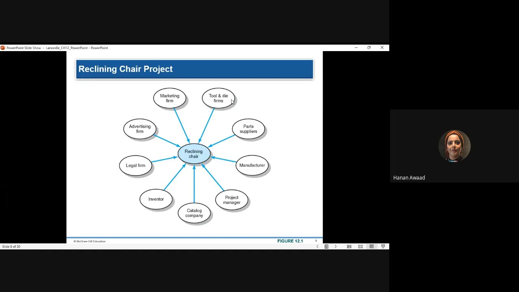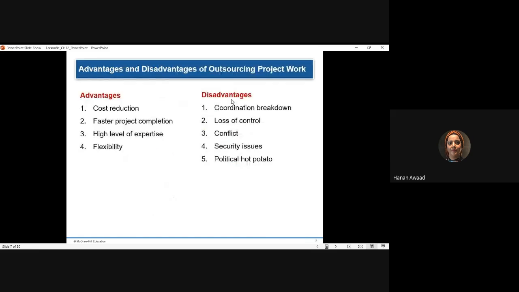They manage the company who will do the project management. So this is a very common example. If I want to have an IT website, for example, I will go to a company for this.